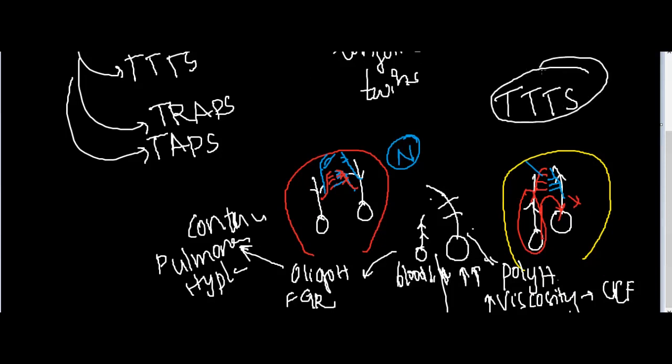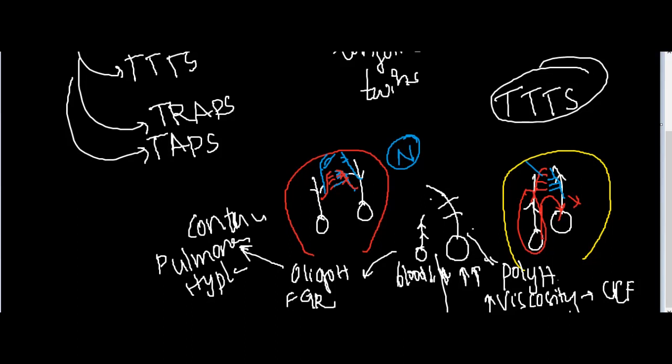Now how are we going to identify this? This is identified by ultrasonography. Once we have identified twin to twin transfusion syndrome by ultrasonography, how are we going to treat it? There is expectant treatment, which is mainly done for stage 1.